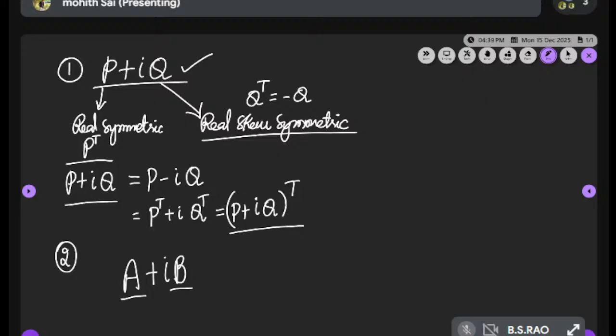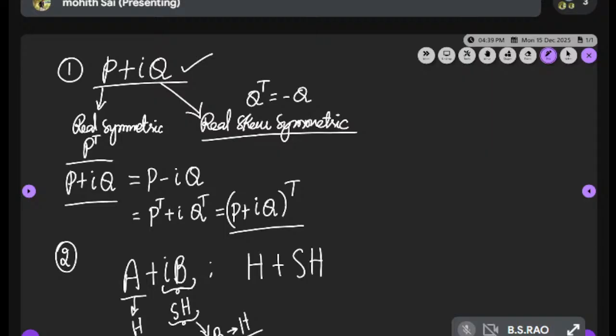Hermitian, skew Hermitian, tell me. What is A? We already wrote that any square matrix can be expressed as Hermitian plus skew Hermitian. Now A is Hermitian, and iB is skew Hermitian.